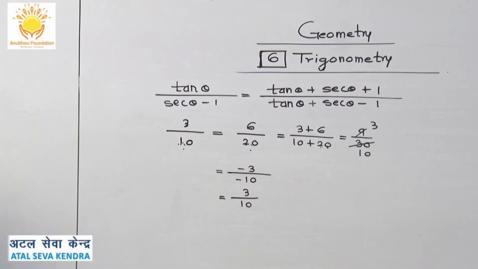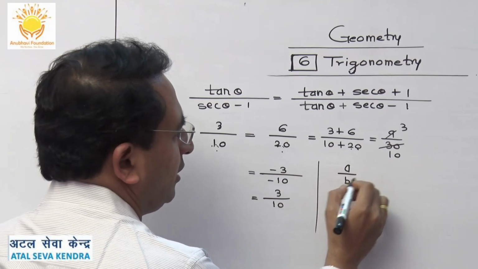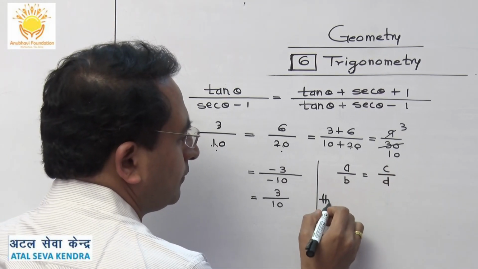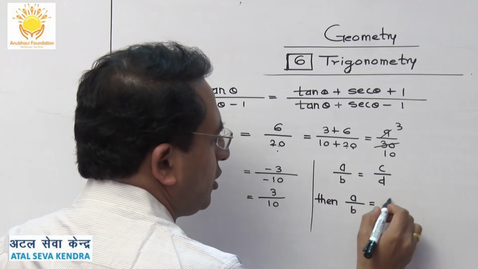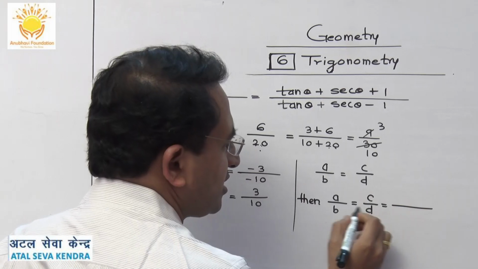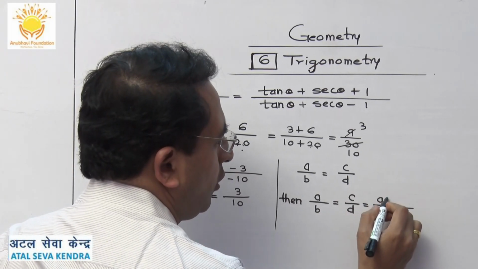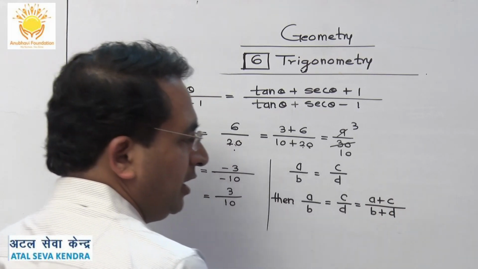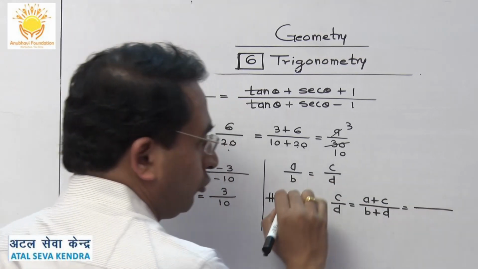What is that? If A upon B is equal to C upon D, then these ratios A upon B and C upon D are equal to the new ratio which is formed by addition, that is A plus C upon B plus D. That can be formed by subtraction also.